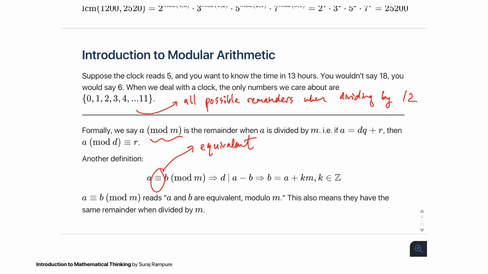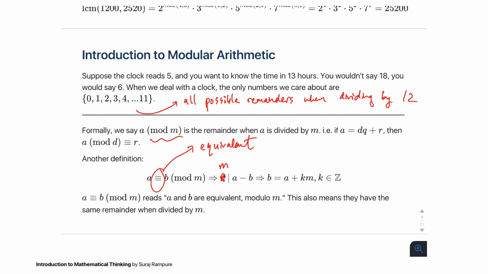So we say A and B are equivalent modulo M if, sorry, this should say M divides A minus B. So we say A and B are equivalent modulo M if M divides A minus B, i.e., that A minus B is a multiple of M. Is that clear?